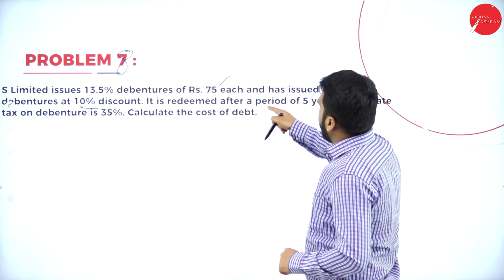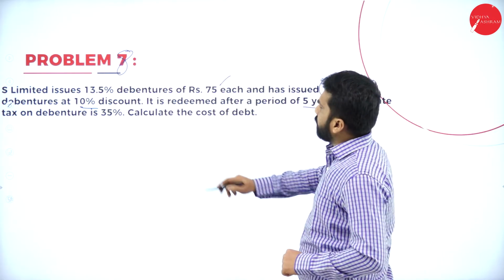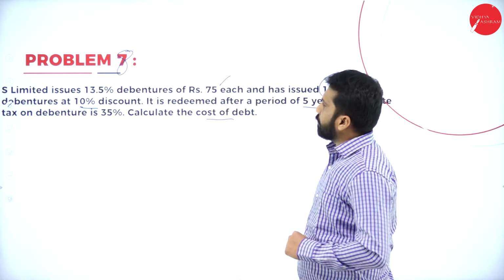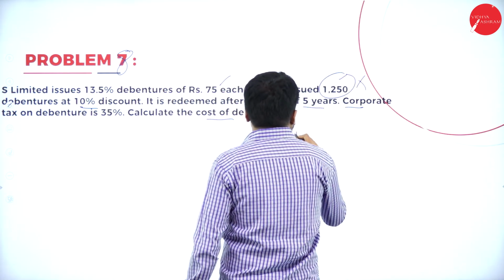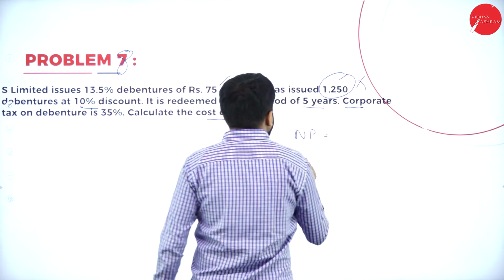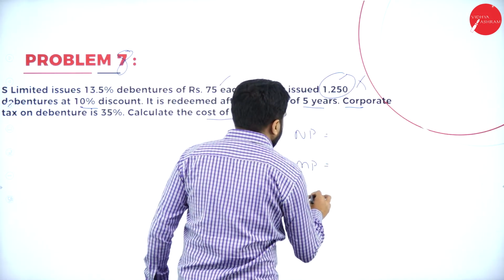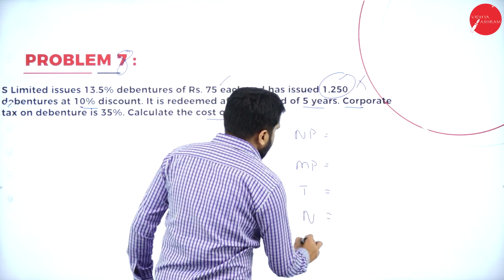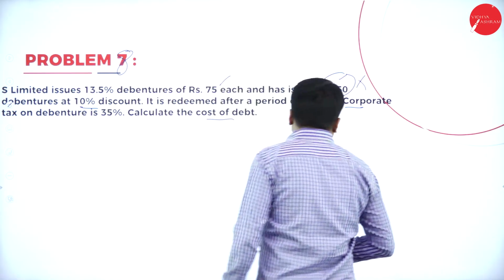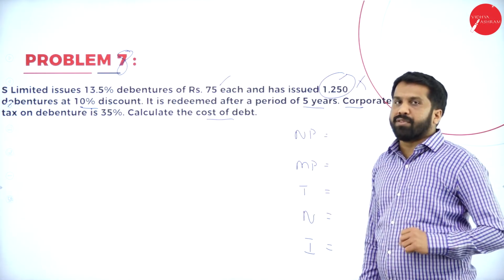It is redeemed after a period of 5 years. Corporate tax is 35%. Calculate the cost of debenture. Easiest one. In this, first one is NP, then MP, then time, taxation, number of years, and interest. These are the information, 1, 2, 3, 4, 5, you are supposed to calculate.